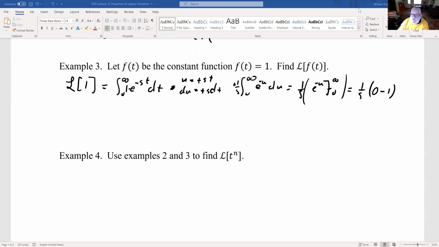So if we got a minus sign, it should be minus e to the minus u. So then this minus sign, which comes from the integration, can come out, and we get 1 over s. So the Laplace transform of 1 is 1 over s.